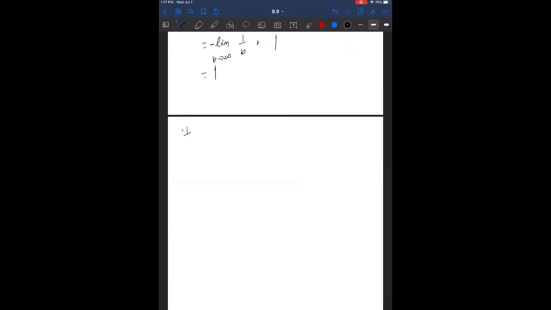So in general, if we have an improper integral that equals a real number, so in this case it equals 1, we're going to say that it converges.